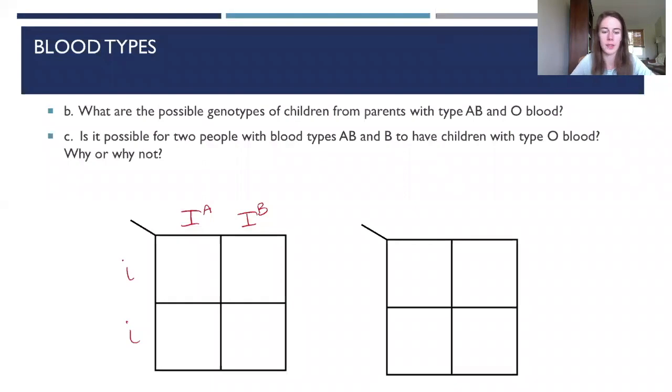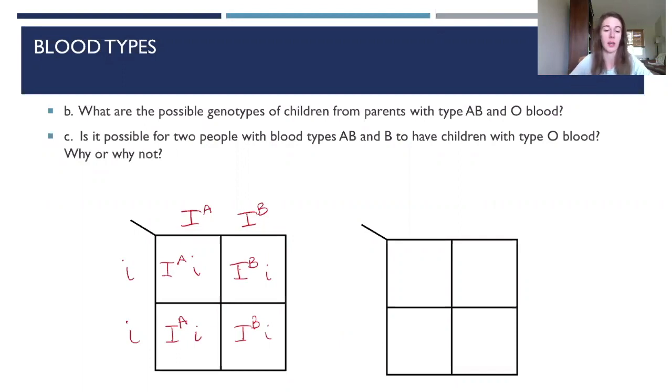So what are the potential offspring from these parents, AB blood and O blood? They can only have children with type A blood or type B blood. This is one of those weird instances where none of your offspring are going to have the same blood type as the parents, none of the children. So there's a 50% chance you'll be type A and a 50% chance you'll be type B.